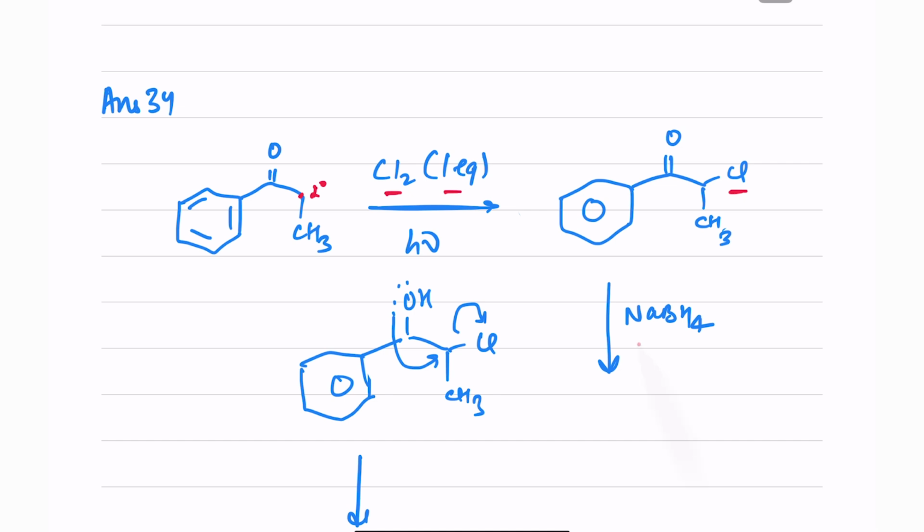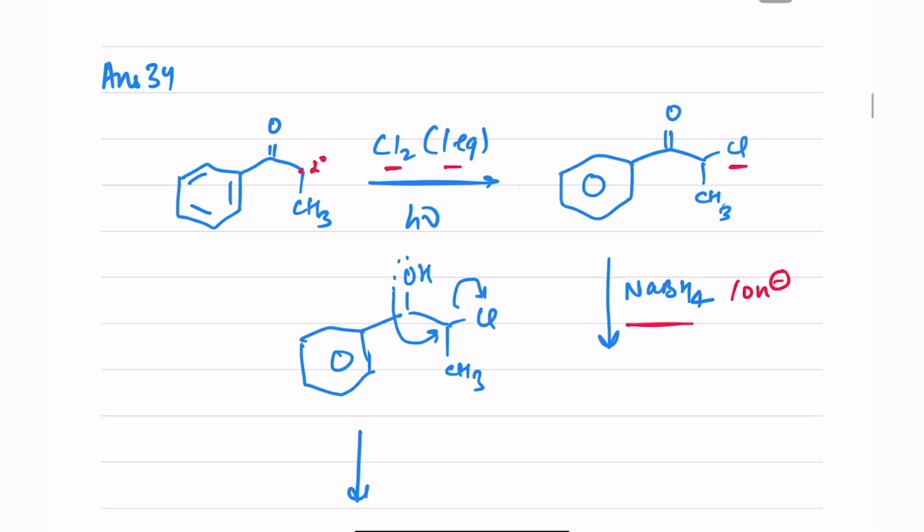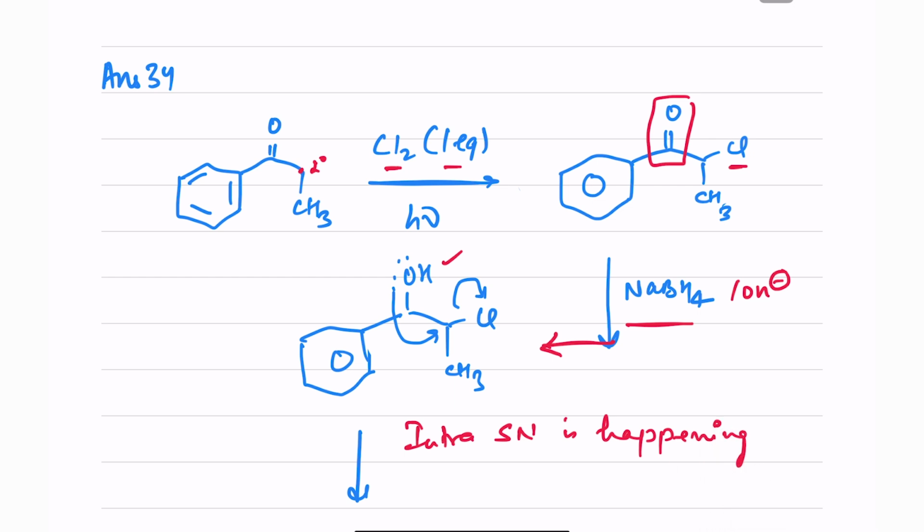So NaBH4 and OH minus in the basic medium is basically going to do nothing but reduce your ketone to alcohol. So your ketone is converting into the respective alcohol, and then after this the intramolecular SN is happening, where the oxygen's lone pair is going to attack the delta positive carbon over here with the chlorine.